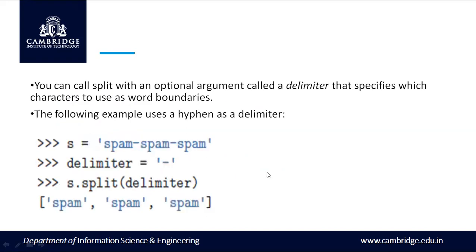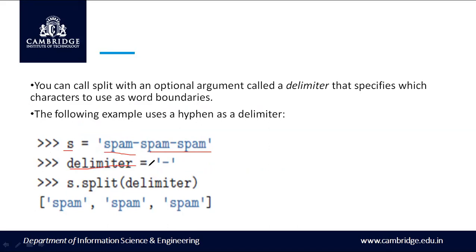You can call split with an optional argument called a delimiter. We will see how this delimiter is used in this example. Here we have another string that is spam repeated thrice with a delimiter hyphen, stored in s.